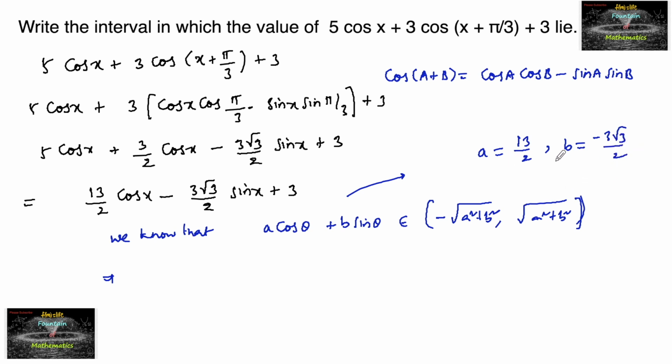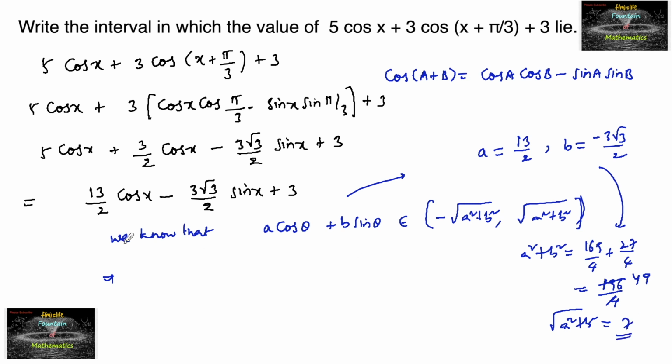So a square plus b square is equal to 169 upon 4 plus 27 upon 4, which comes to 196 upon 4, so a square plus b square is 49. So root of a square plus b square will be 7.